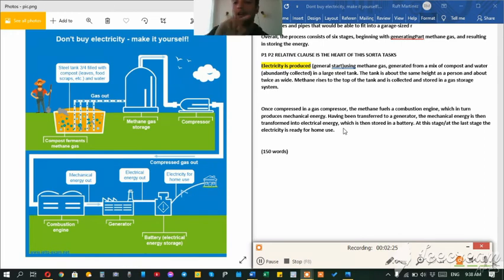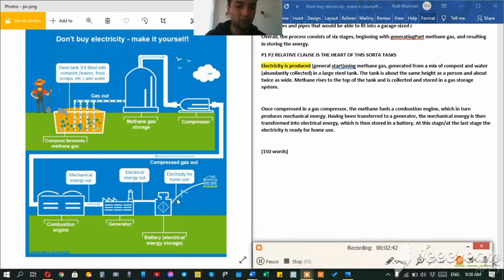Not putting a dot, I'm continuing my sentence, which is then, another connector. You can use another connector, which is then stored in electric energy storage.